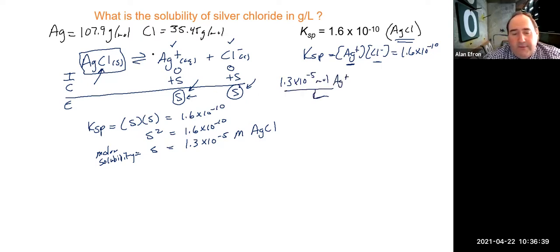Now, when I do stoichiometry, it's a 1-to-1 relationship between those two, which means if I did the longhand stoichiometry here, 1 mole of silver ions gives me 1 mole of the entire thing, which means that the molarity of the entire thing is also, as you can see, 1.3 times 10 to the minus 5 moles per liter of silver chloride.